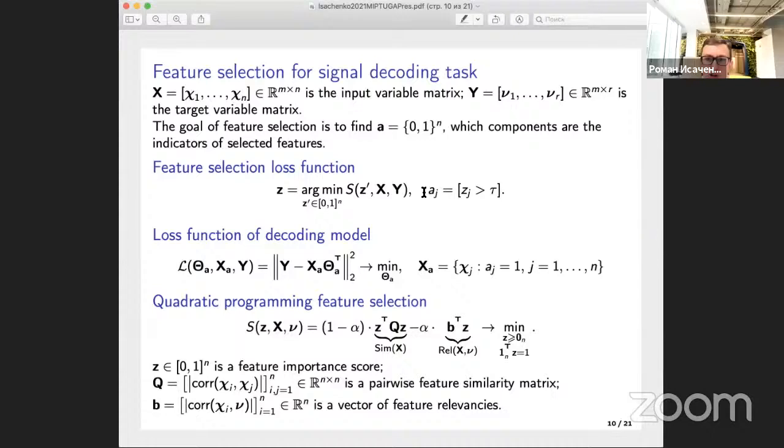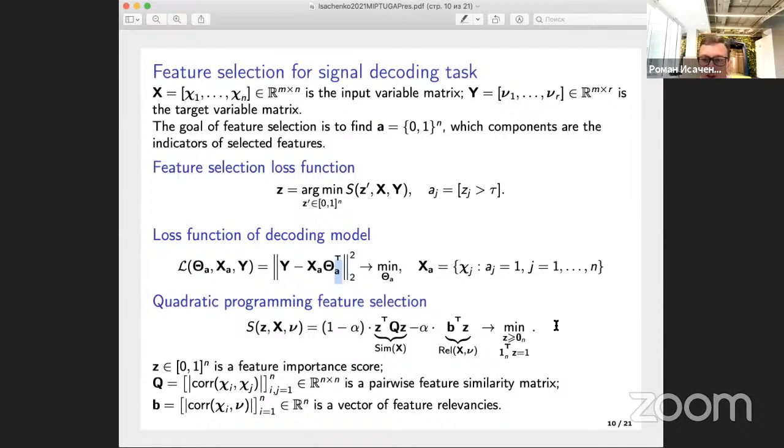So the decision to include a feature in the final decoding model is made by cutting off the importances by some threshold. The loss function of the decoding model for this case takes into account only the selected features which are given by the binary vector A.